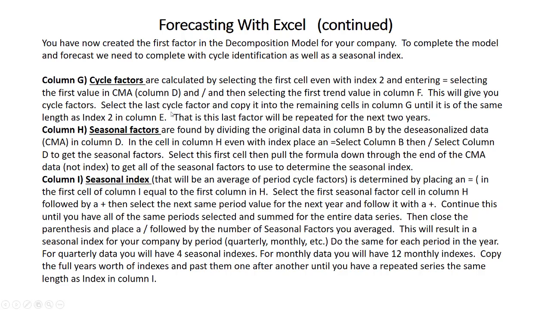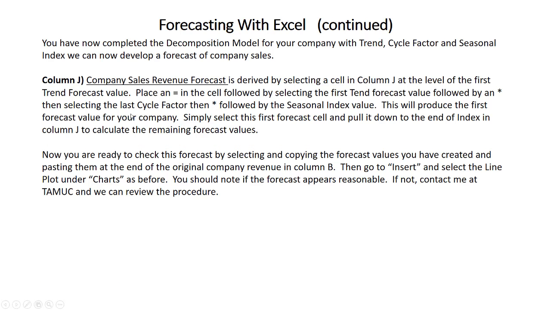So you'd simply go back to the template that we had and replace those forecast cycle factors with the forecast that we would give you for the cycle factors for your company. And that's all you've shared with us is the cycle factor information. Okay? Nothing else.